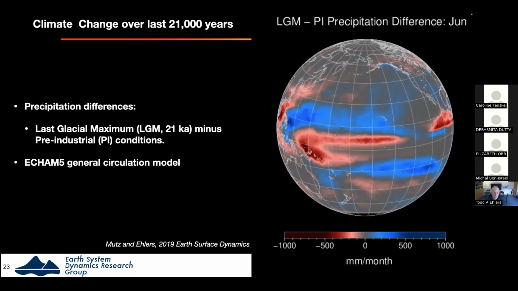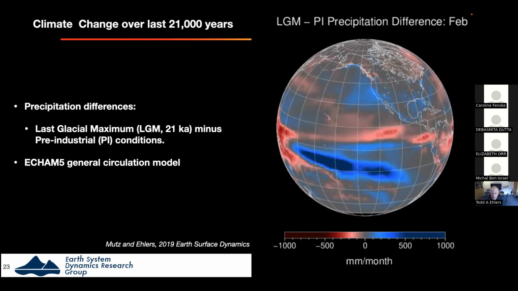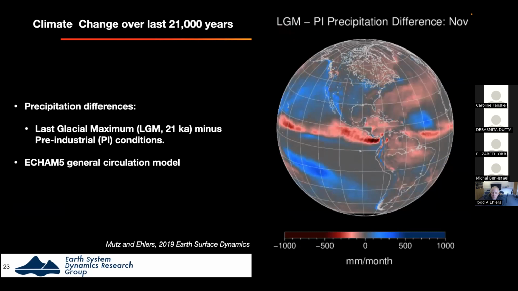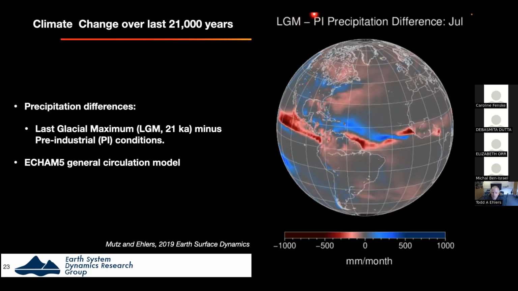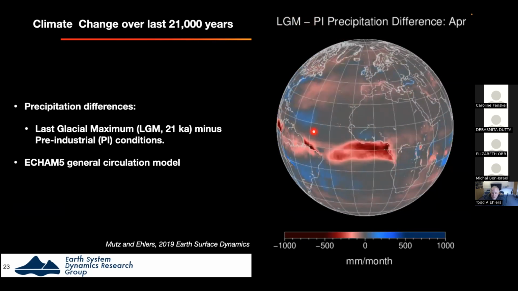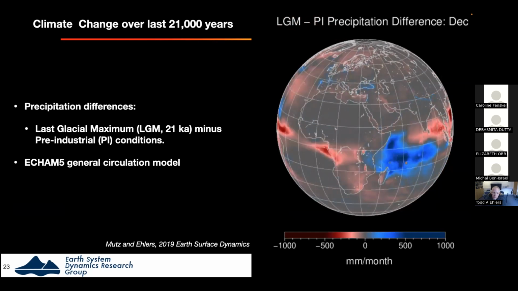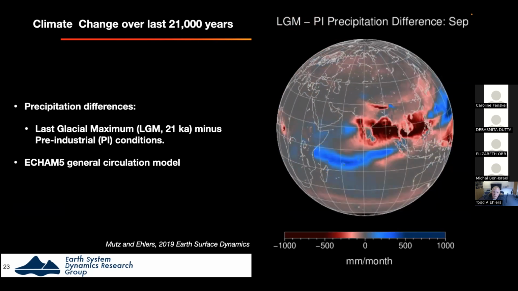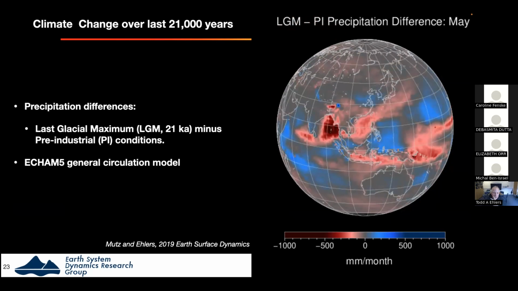So with these paleoclimate models, this is just an example on the right-hand side showing you the difference in mean monthly precipitation if you take the LGM precipitation and subtract from it pre-industrial conditions there. And these flashing blue and red colors that you see here basically equate to changes on the order of 100 to 500% in what the mean monthly precipitation is around the world at these different time periods.